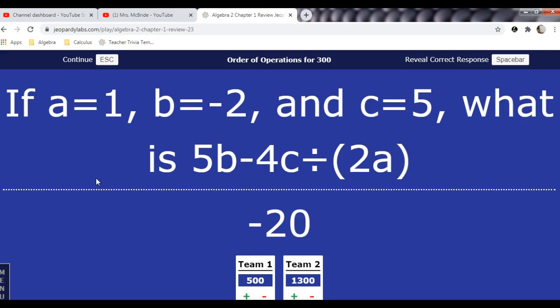Oh, you had it. Just don't lose your negative. Negative 20 divided by negative 2. Okay, correct answer is negative 20.